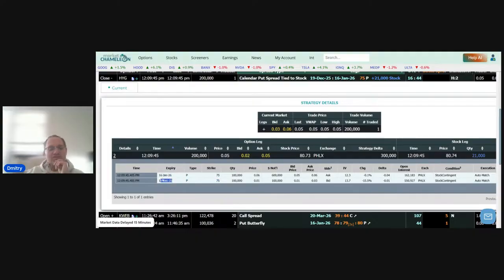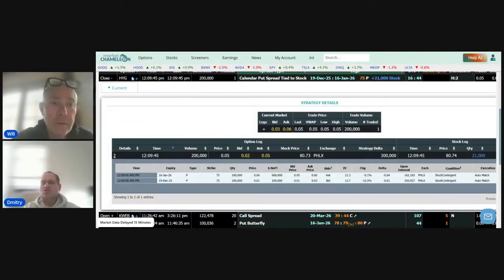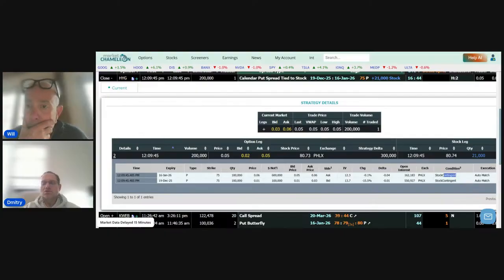Because there are different expirations, that's a calendar spread, right? The most likely thing is that it looks like a calendar spread: same strike, same option type, different expirations. We also have this condition that there's a stock contingency.